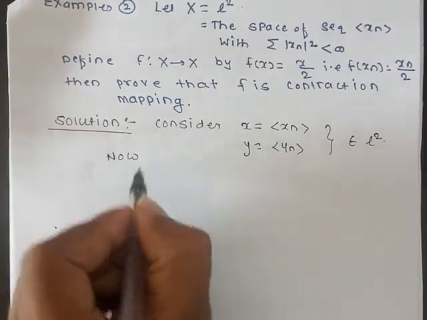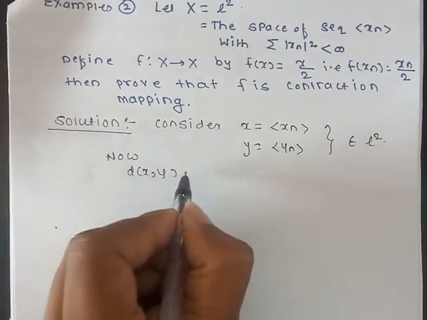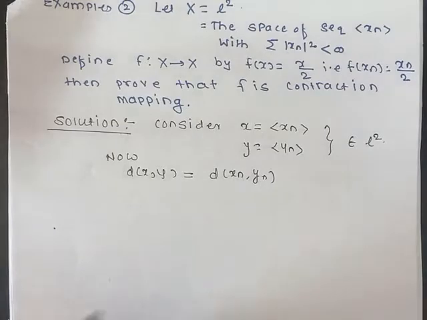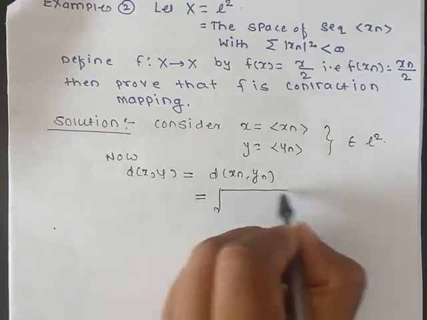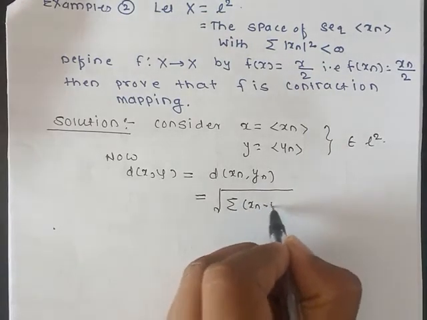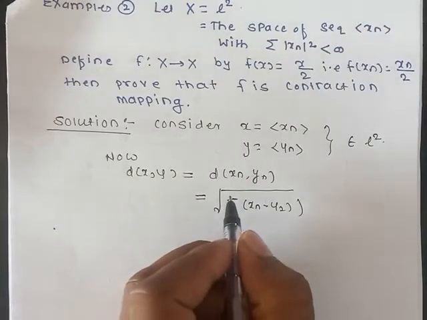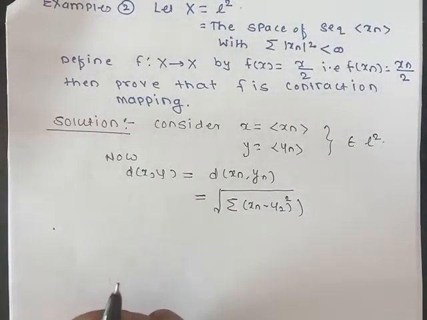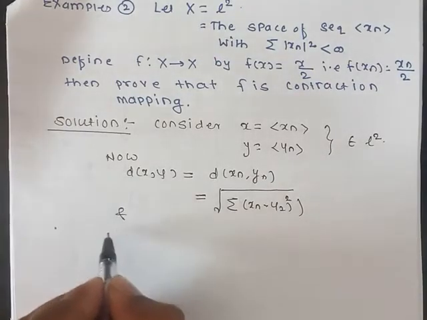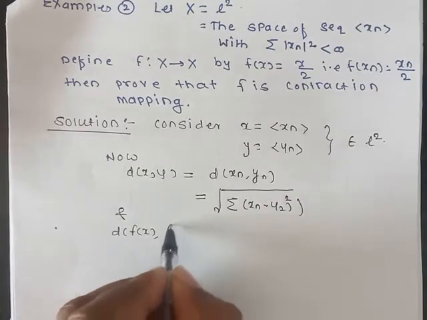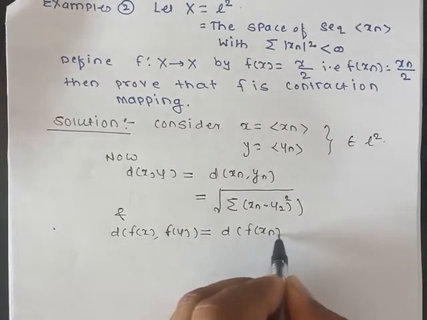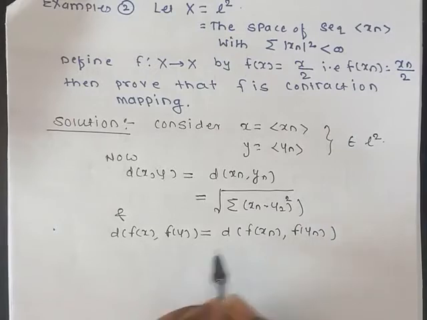Now d of x comma y is equal to d of xn comma yn, which is equal to the square root of the summation of mod of xn minus yn square, according to the metric defined. And d of f of x comma f of y is equal to d of f of xn comma f of yn.